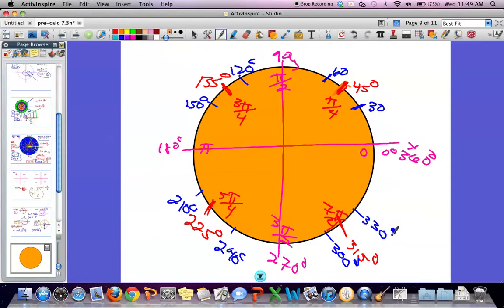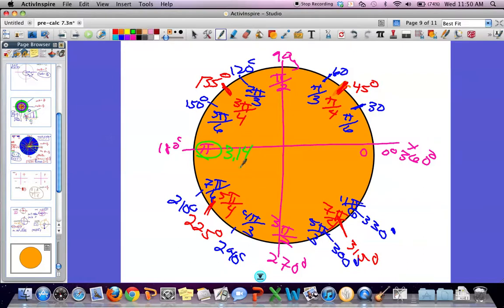And the radian measures that go with all of those, this one is pi over 6, 2 pi over 6, 3 pi over 6, 4 pi over 6, but we reduce it, 5 pi over 6, 6 pi over 6, 7 pi over 6, 8 pi over 6, 9 pi over 6, 10 pi over 6, 11 pi over 6.